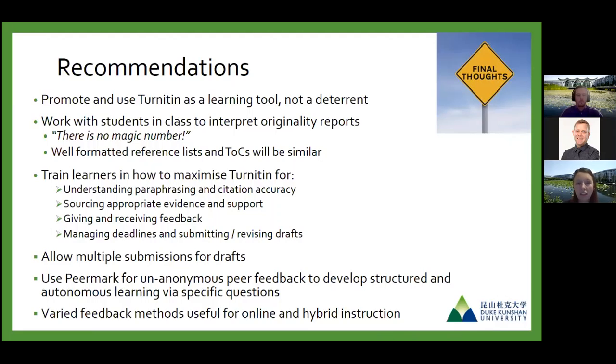Working with students in class, I think everyone who uses Turnitin will have had the question of, what similarity percentage do I need to have to not be plagiarism? What is the magic number? And certainly in my previous job, I spent an enormous amount of time explaining to my colleagues and students that there is no magic number necessarily, and it's about how you infer meaning from the report and how you use the report to help and guide you.